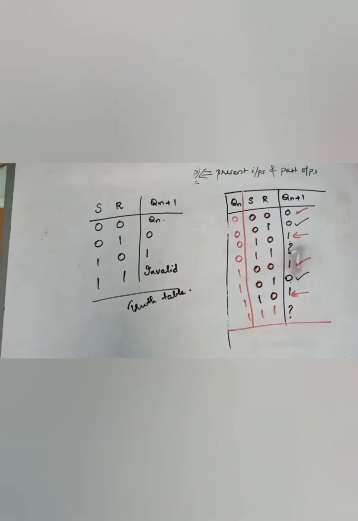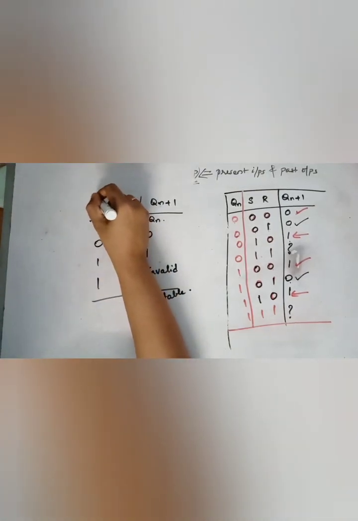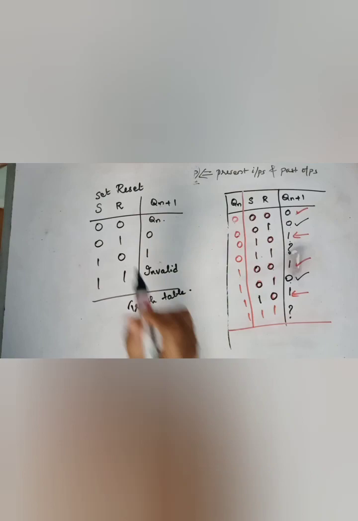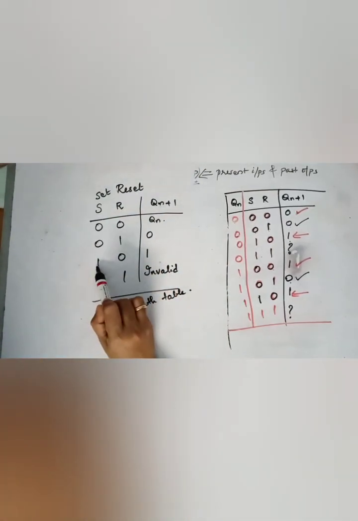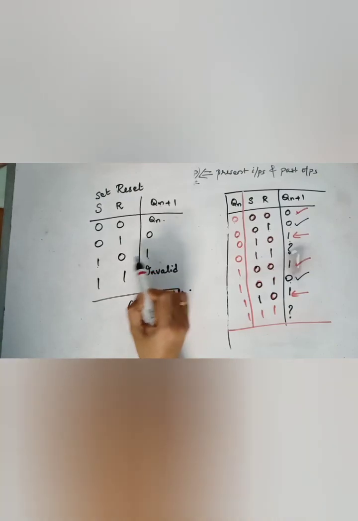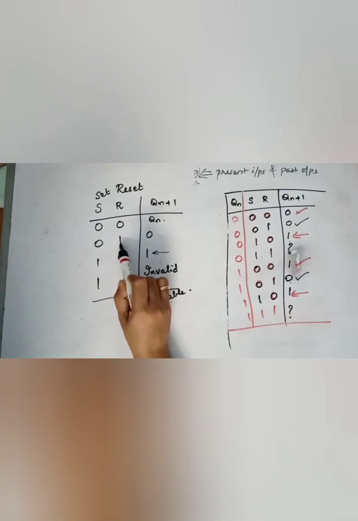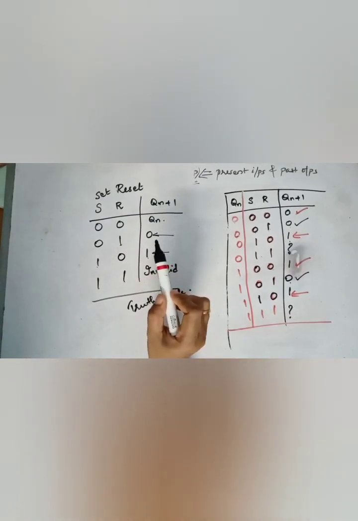So this is the truth table of SR flip-flop. Why do you call it a SR flip-flop? It is set reset flip-flop. Why set reset flip-flop? Because if S is equal to 1, then the flip-flop is set to 1. This case. If R is equal to 1, that is reset is equal to 1, then flip-flop is reset to 0.